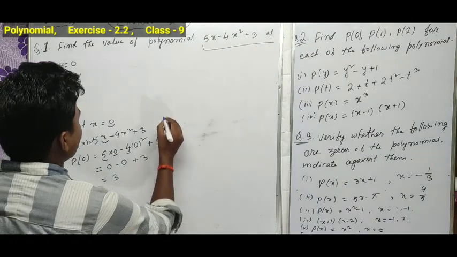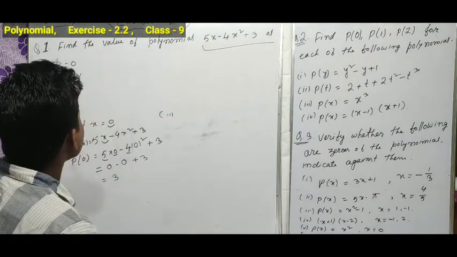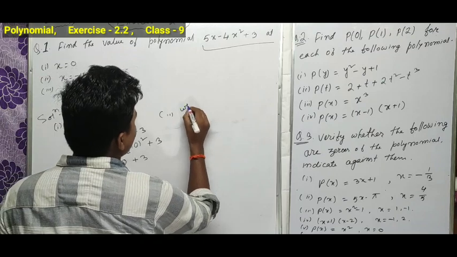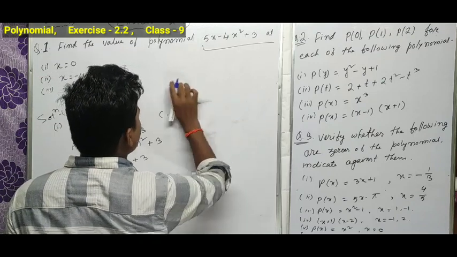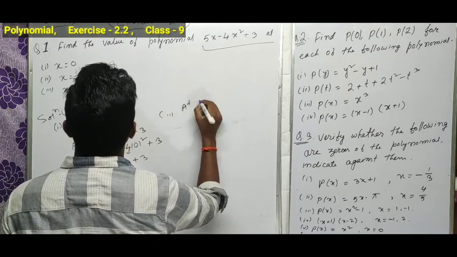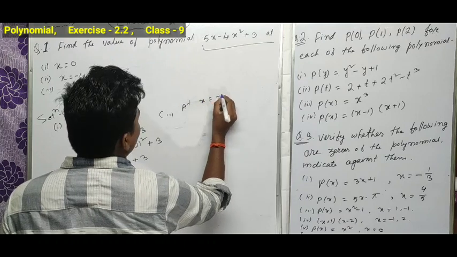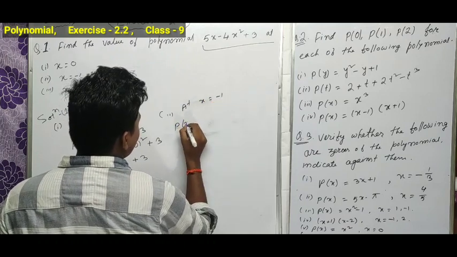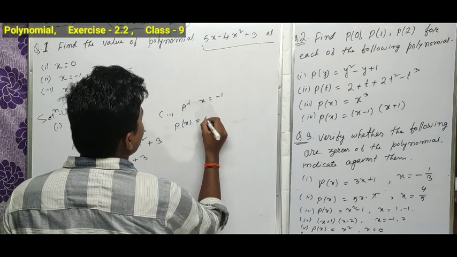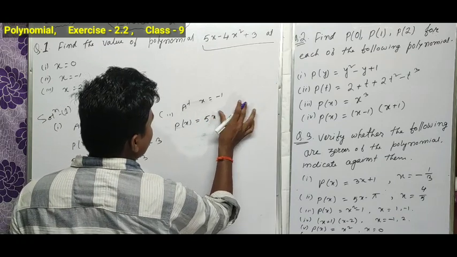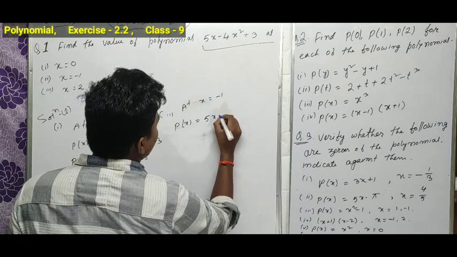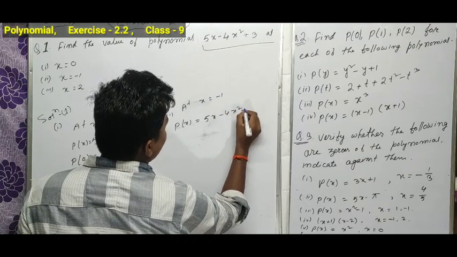Okay, next we will do number 2, at x equal to minus 1. p(x) equals 5x minus 4x square plus 3.